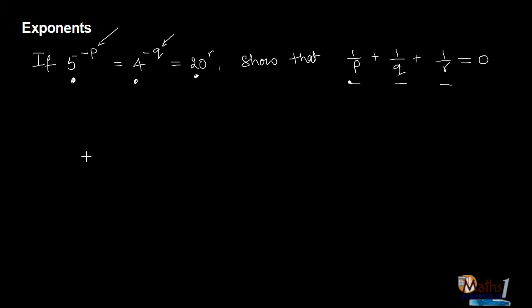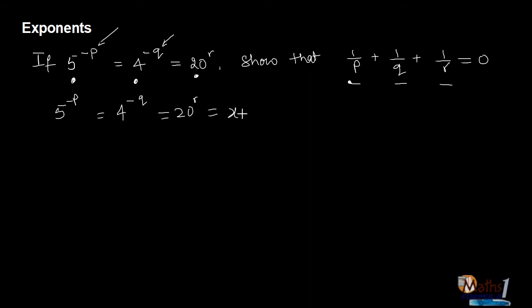So let's keep this 5 to the power minus p equals 4 to the power minus q equals 20 to the power r equals some variable x. That means 5 to the power minus p equals x, 4 to the power minus q equals x, 20 to the power r equals x.